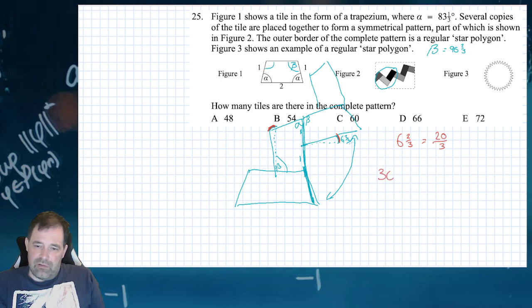If we do 360 divided by how many twists it's going to make, that's the same as 3 times 360 over 20, which is 18 times 3, is 54.